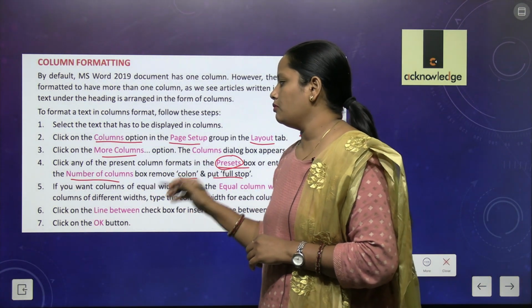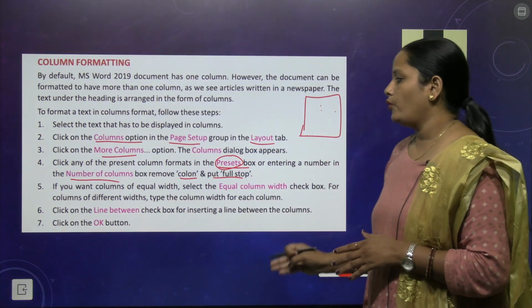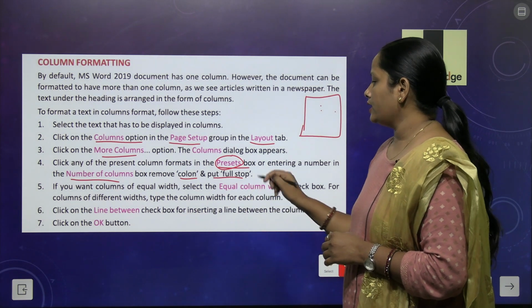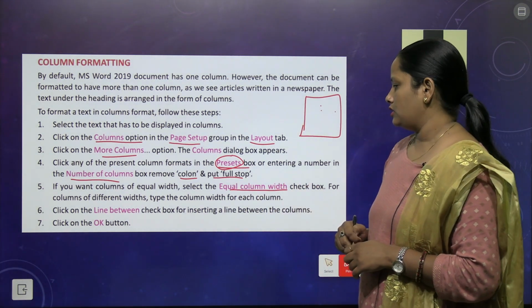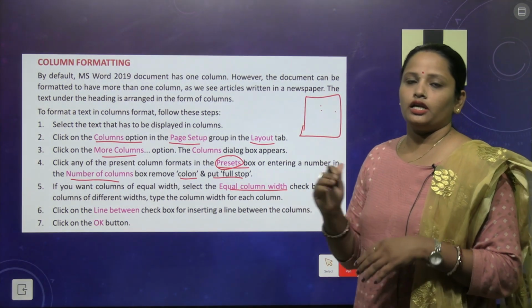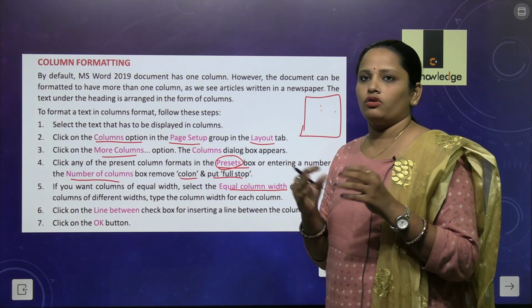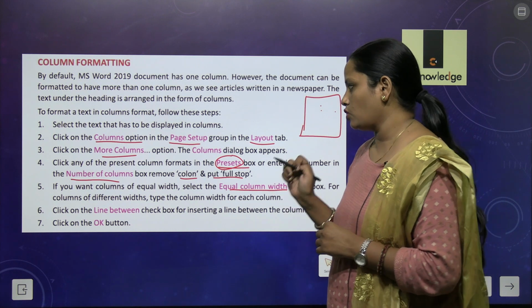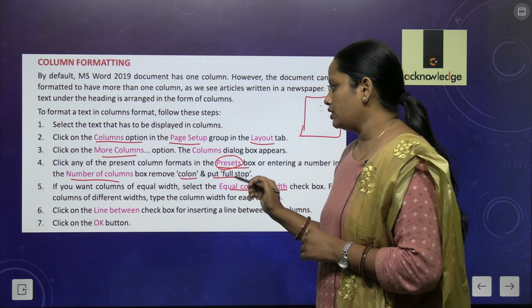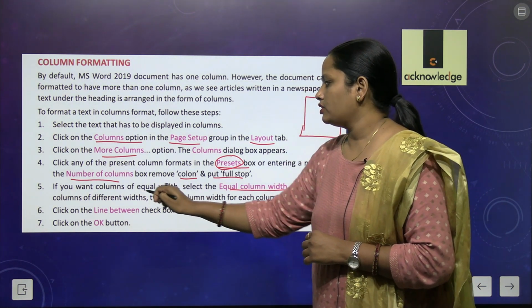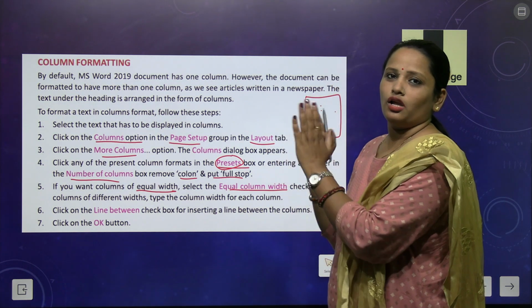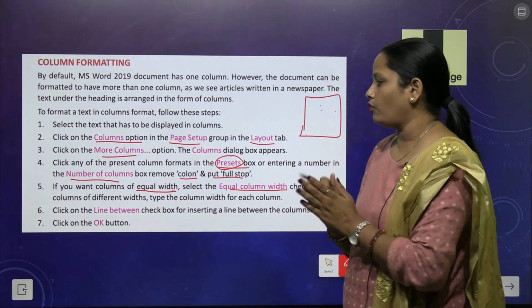If you want columns of equal width, select the Equal column width checkbox. So there are different things given for how to set the columns. If we want to set equal width for the columns, so that all the columns are of equal width, where do we have to go?